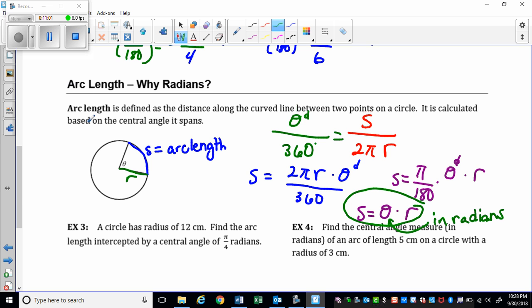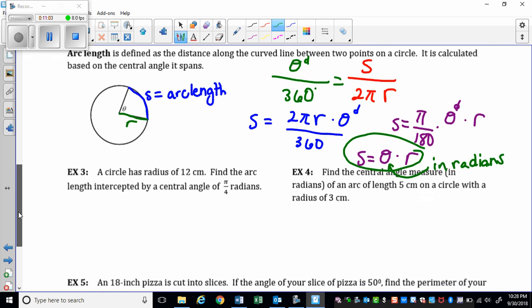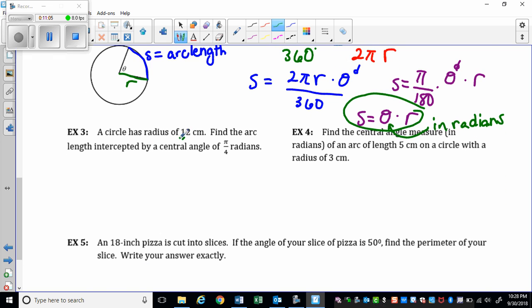It's pretty easy. So a circle has a radius of 12 centimeters. So my r is 12. Find the arc length intercepted by a central angle of pi over 4 radians. It's already in radians for us. So all I have to do is plug it into my formula. S equals pi over 4 times 12.